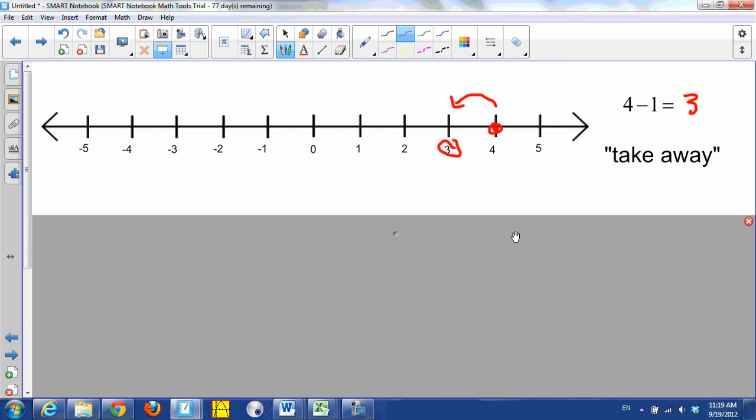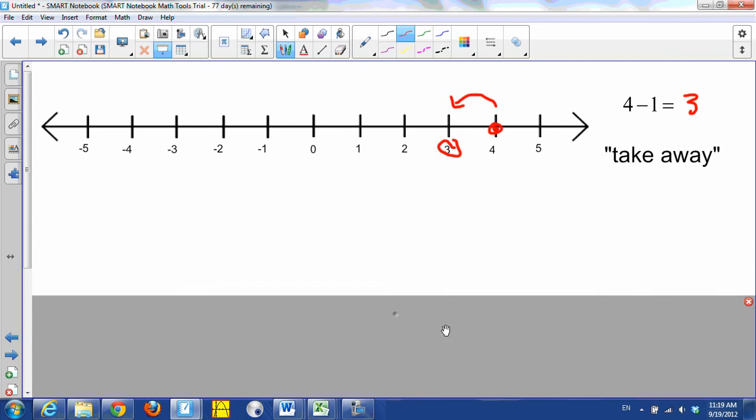Nothing heavy duty there. 4 minus 1 equals 3. But hold on, because I'm going to show you something that might make you wonder why you didn't notice it before. I hope you have a big eureka moment here.